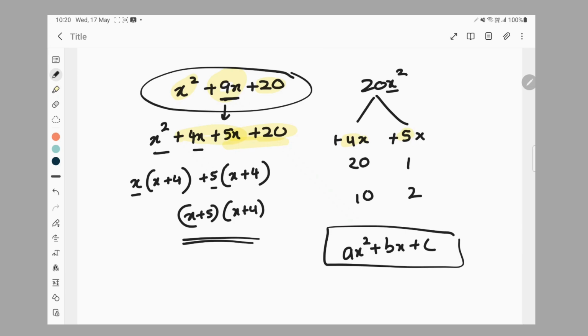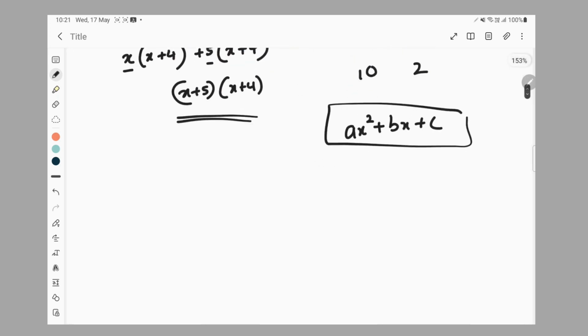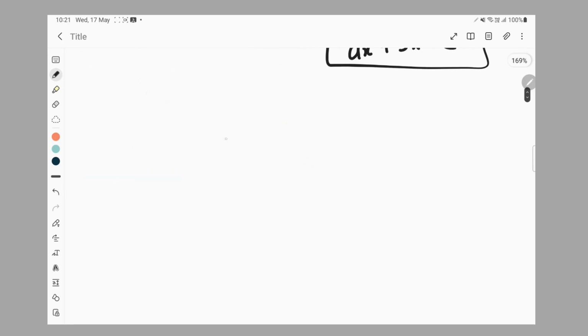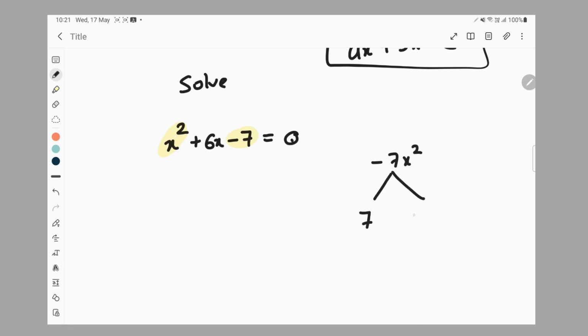Okay, I hope you got it. Let's move on to another example. x squared plus 6x minus 7. They are asking to solve this, equal to 0. You do the normal method, multiply this with this, you get minus 7x squared. What are the factors? 7 times 1. You need to get plus 6, so that means this is plus, this is minus. This is not 16, it's 6.